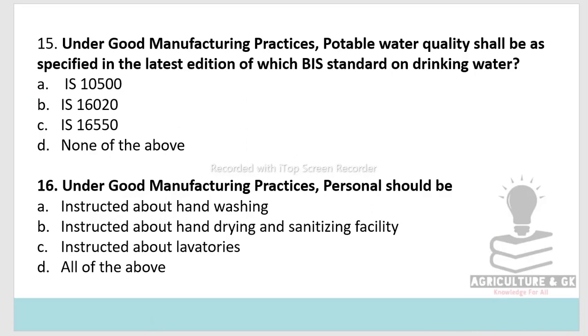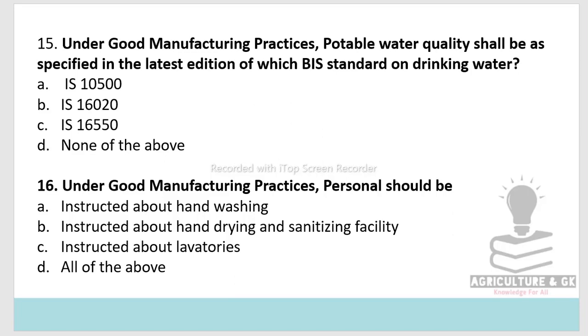Under good manufacturing practices, potable water quality shall be as specified in the latest edition of which BIS standard on drinking water: IS 10500, IS 16020, IS 16550, or none of the above? What is BIS? It is Bureau of Indian Standards.